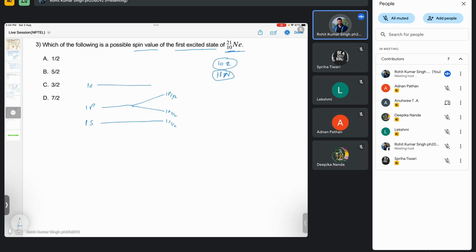I think that will be enough, right? 2, 4, 2, and then 6, 1d 5 by 2, right? And then there are further splittings.